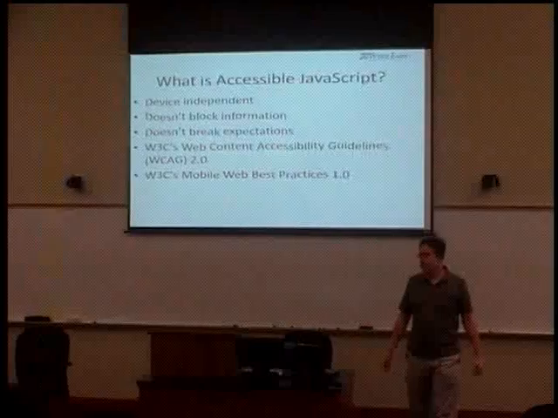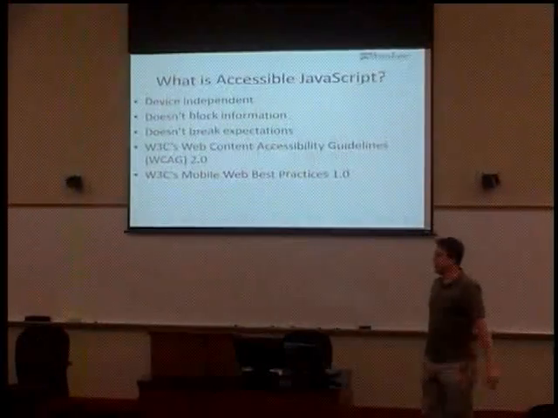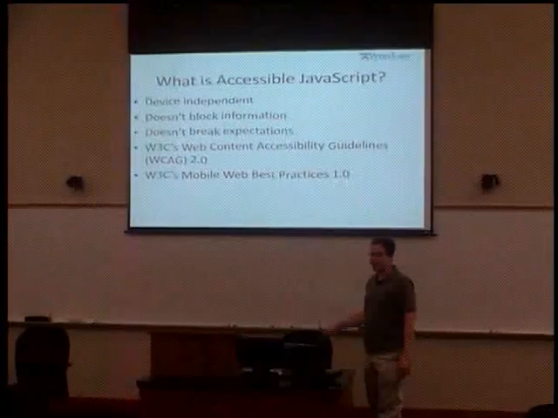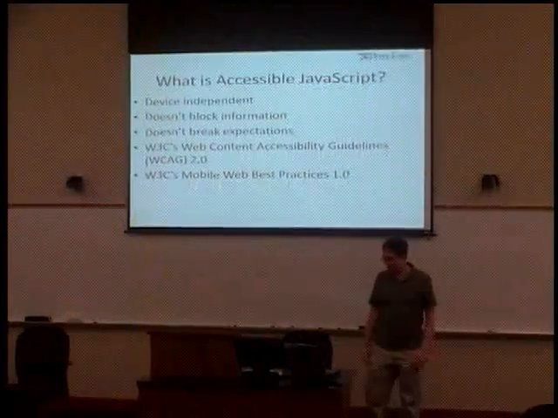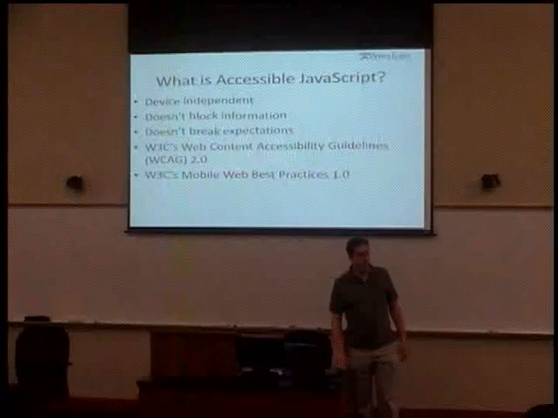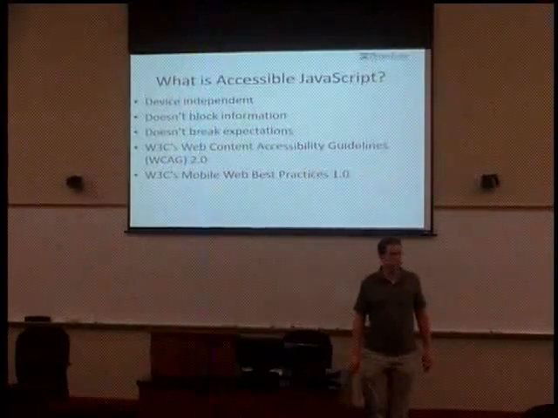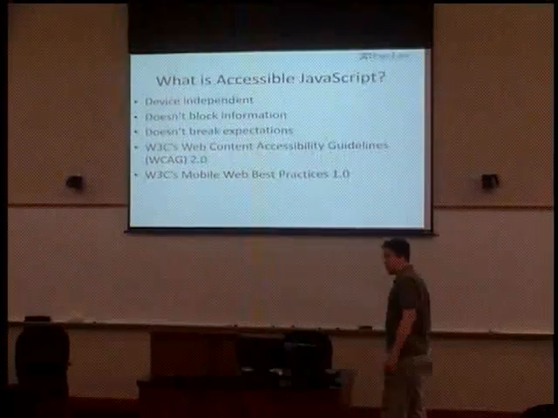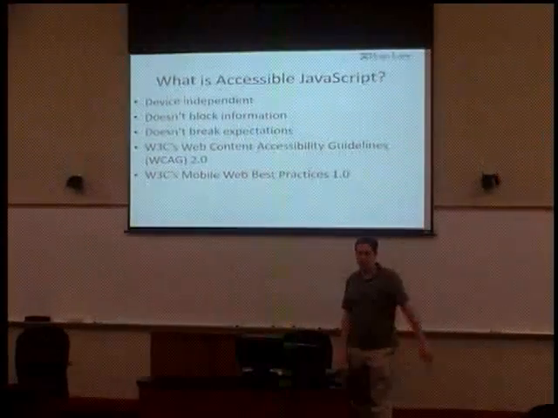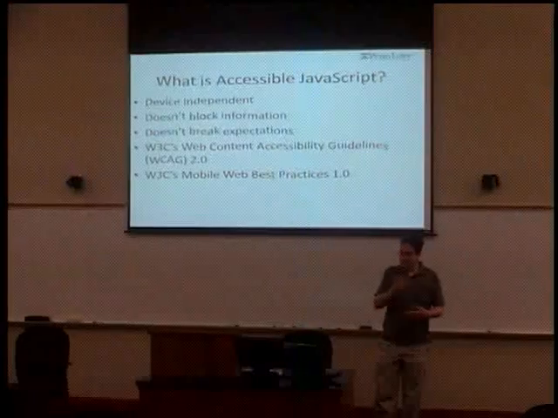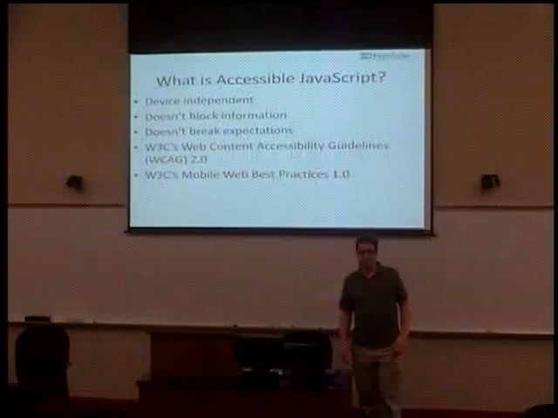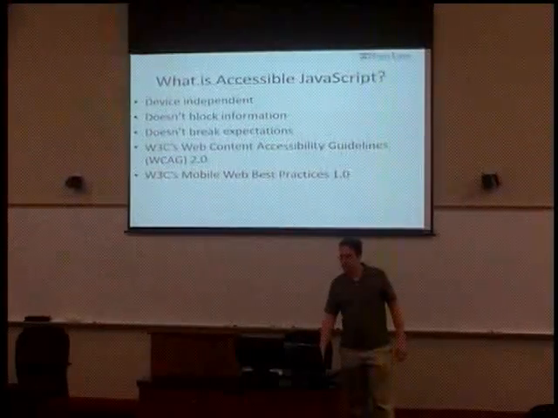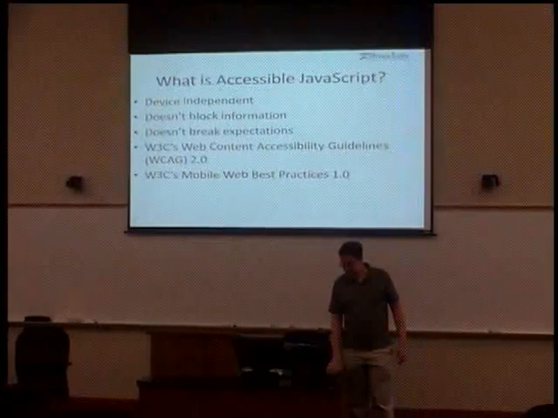Accessible JavaScript is device independent. That means that whether you're using a mouse or a keyboard or a screen reader, you can still get at the information. It doesn't block depending on what type of device you're using. And that speaks to the second point too, that information isn't blocked by the JavaScript. So even if you can't run the JavaScript, you can still see the pop-up that appears, or the little bit of information that appears when you roll over something.